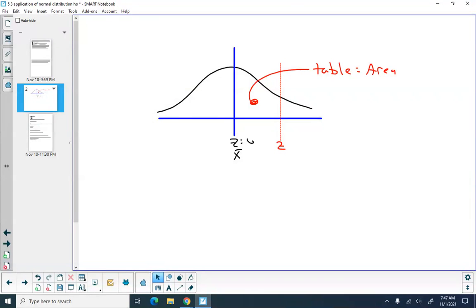All right, now today we're going to start dealing with some application of them. On the worksheet that you did, the Z values were given to you. Now, we will have a problem where you'll have to pull the values from the problem, calculate a Z value, and then do an application of your Z table.